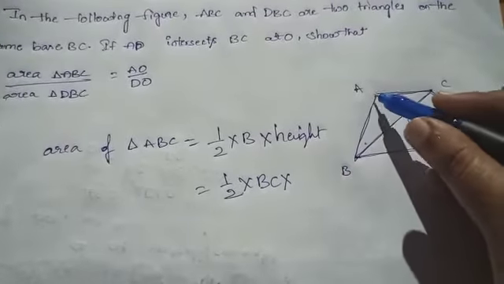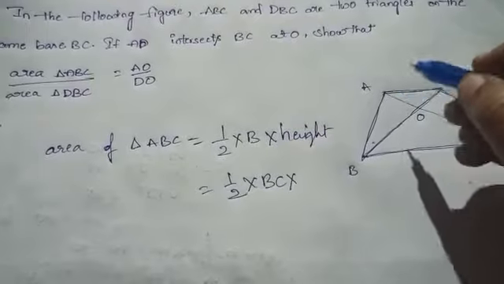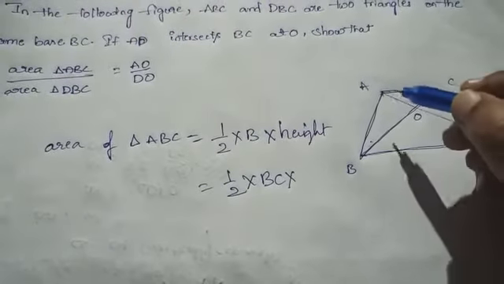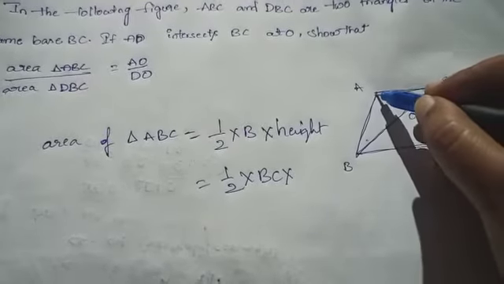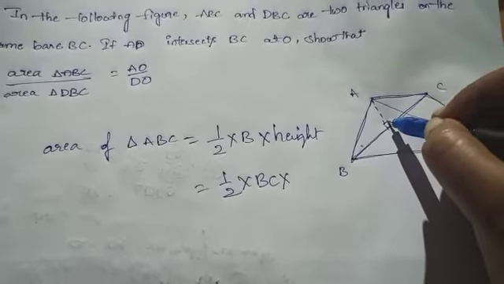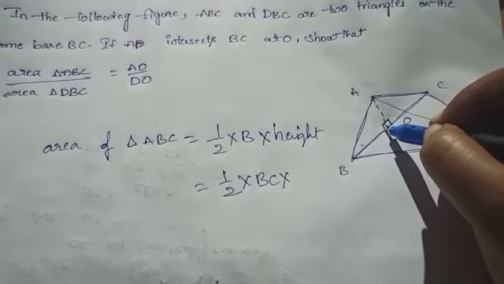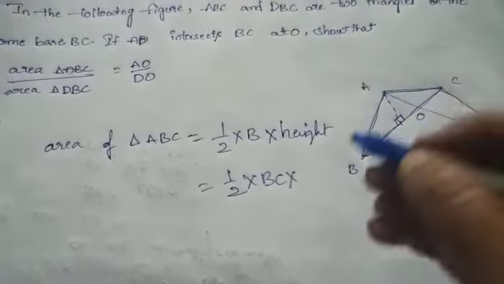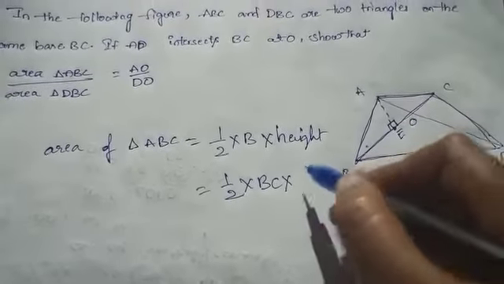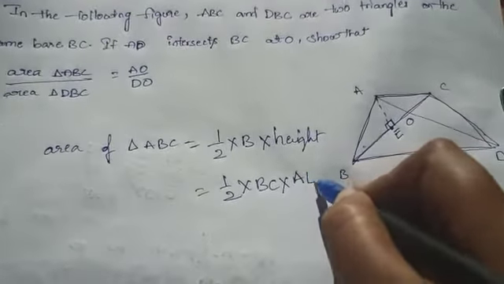Height, here we don't have height, so let's draw one perpendicular on BC from A. This point is E. Height is AE.